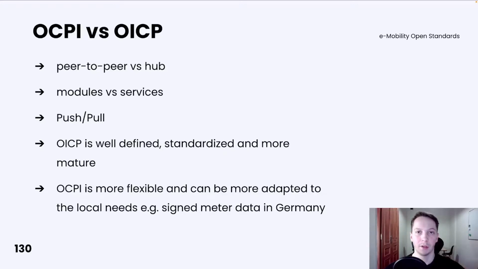OICP, however, operates only on a few services, which cover only the most important issues in the eMobility world. The list of required services is not so big, so in theory, the implementation should be easier. In practice, you will need more services than are required in order to be effective.